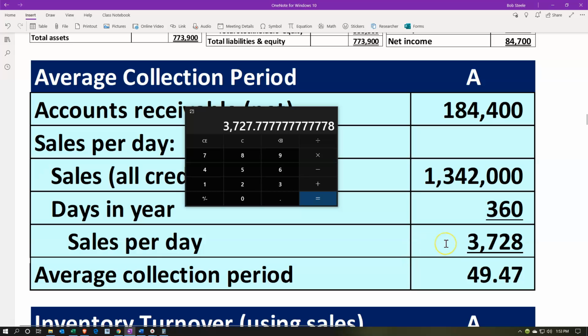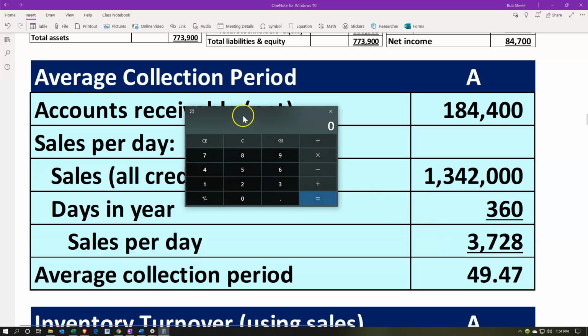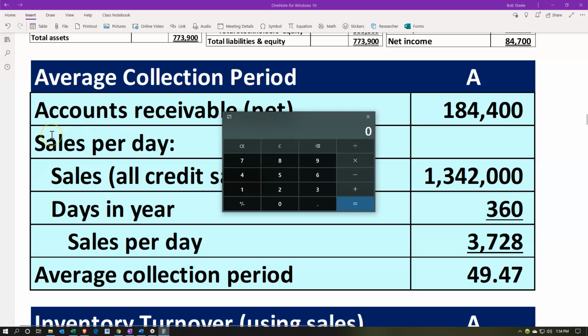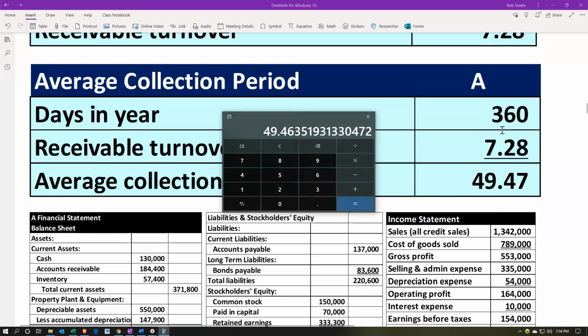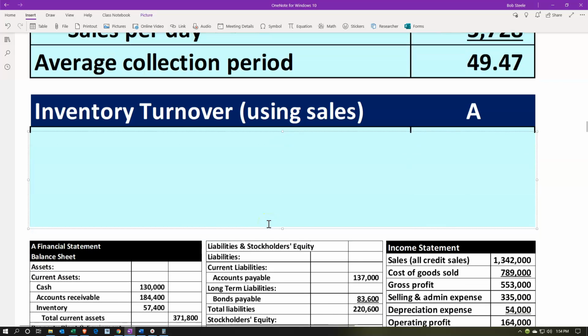And then once we have our average sales per day, this is how much we are selling per day on average on credit sales, meaning not cash sales, but credit sales, which we're assuming all of them are credit sales. Then we can take the 184.4, the receivables divided by that 3728. And that's going to give us, once again, that 49.47 about.